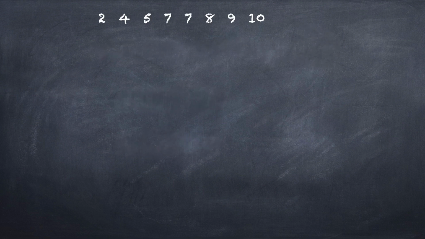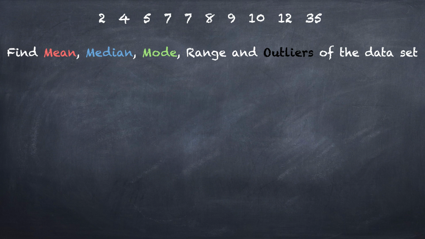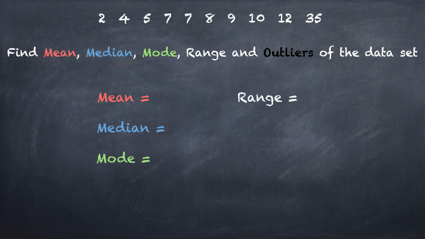So here's another data set here, and in this one we're going to find the mean, median, mode, range, and the outliers of the data set. So let's go mean first, then median, mode, then we'll find range, and then we'll see if there's any outliers. So the mean, if you add all those up and divide by 10, there's 10 numbers in there, you're going to get 9.9.